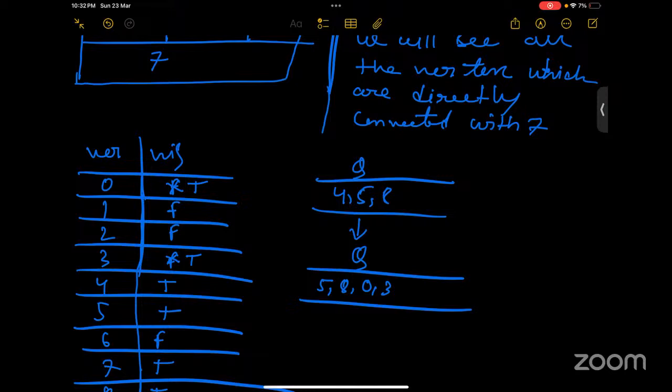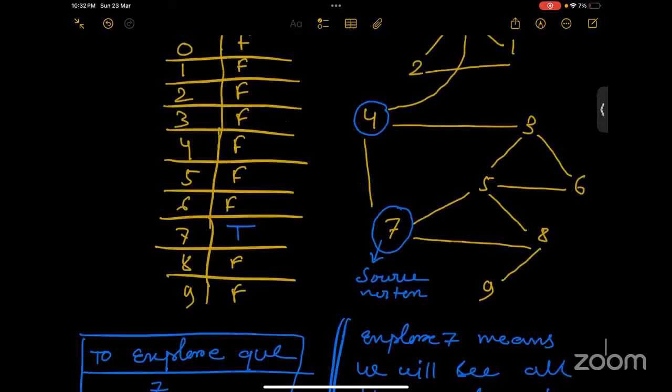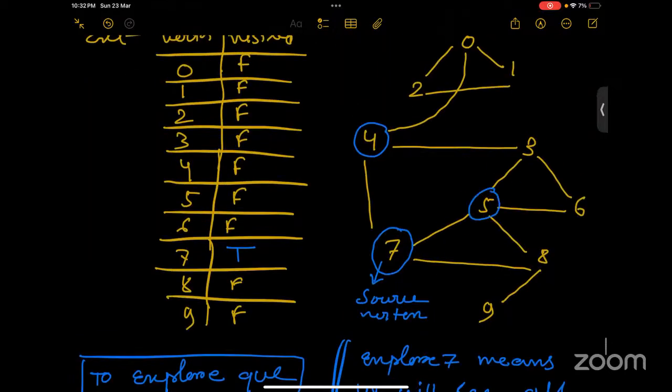Okay. Now 4 is done, right? Now we have to explore 5. 5 is already visited, we will explore 5. Now we are at 5. Which vertices do we have to visit? 3 we have already visited, 0 we have already visited. So we can visit 6. 8 is also visited, right?